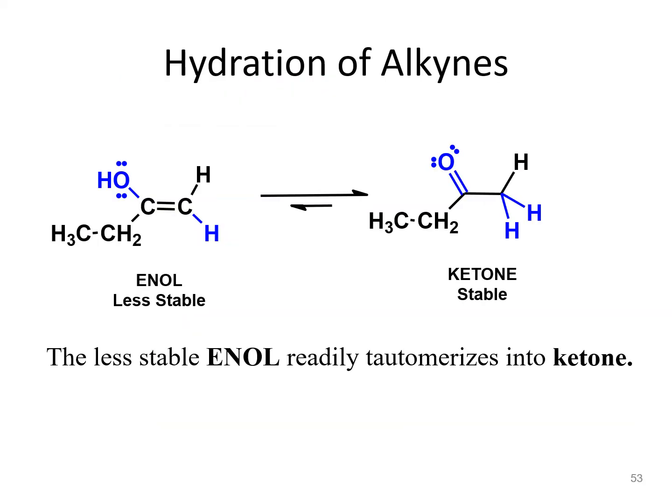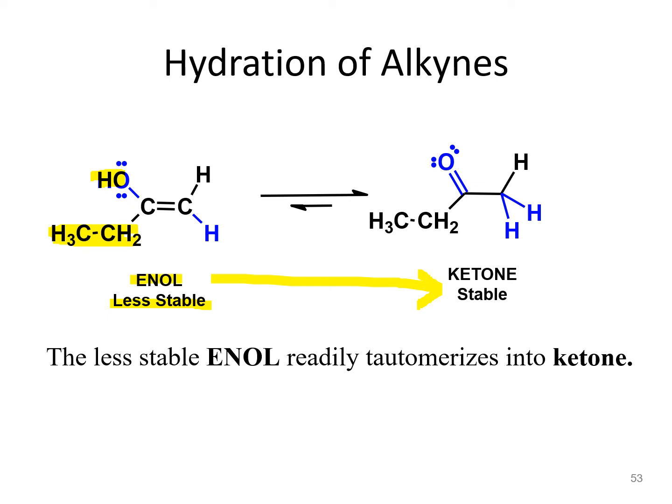So as we saw in the previous slide as well, the enol is not a stable molecule. It is going to be rapidly converted into either a ketone or an aldehyde. So in this case, this is the R group which is on the end where the hydroxyl group, or the OH group, is going to be added.